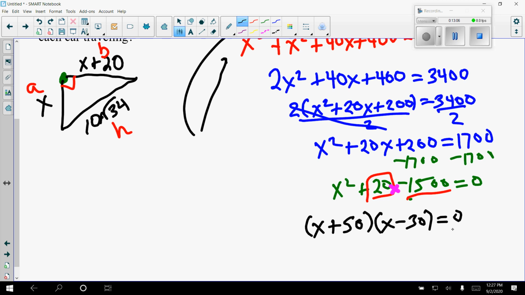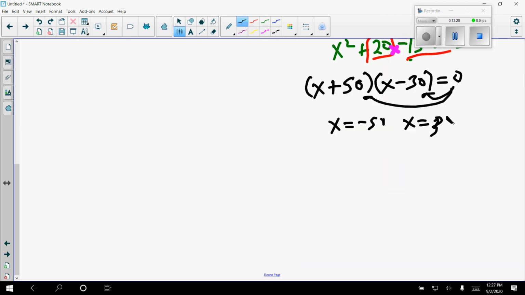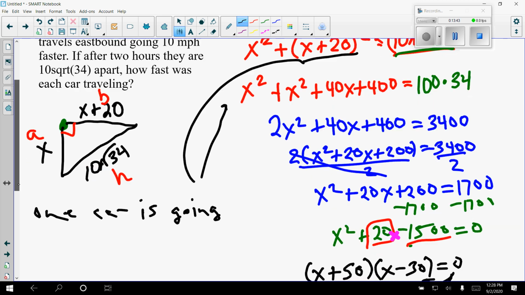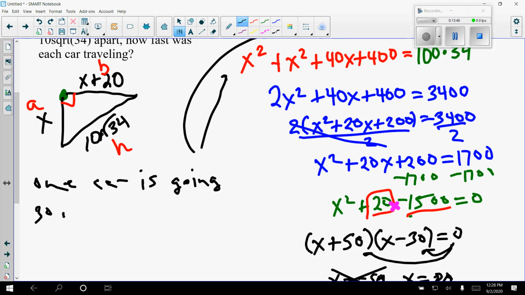So then my two answers, if I set each of these equal to 0, I would get x equals negative 50 and x equals 30. Scroll down a little bit more here if it's not writing correctly. Now, you can never have a negative distance, so that one's out. So my answer is x is 30. So that means one car, I don't know why this is writing so weird, is going 30 miles per hour.